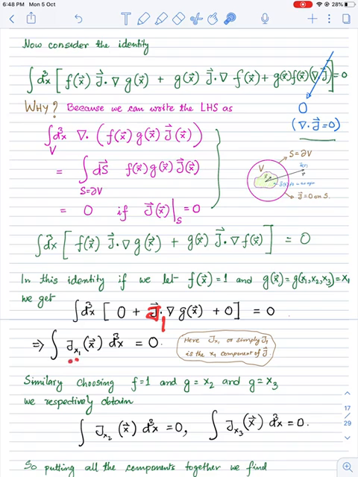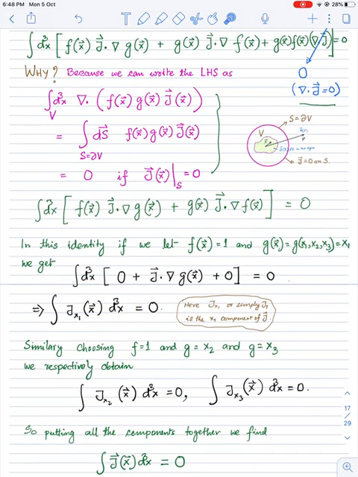And if g equals x1, then this is going to give me just the x1 component of j, because this is the only component which will not be 0. If g equals x1, then only the derivative with respect to x1 will be non-zero and all the other terms will be 0. So we see that the x1 component of the volume integral of j is equal to 0.